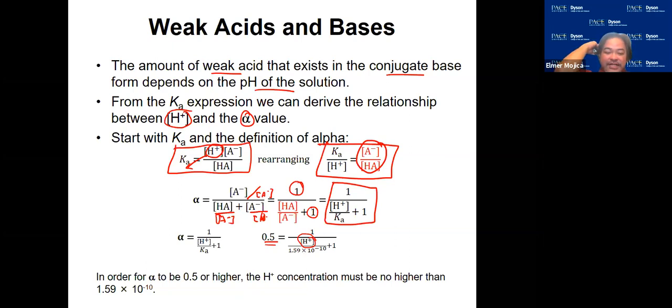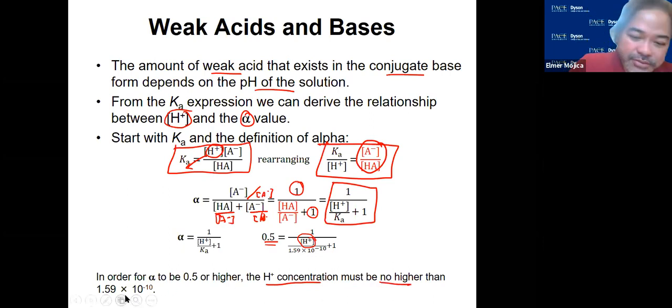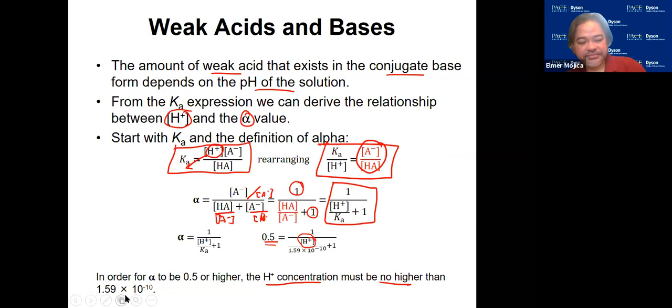In order for the alpha value to be 0.5 or higher, the hydrogen concentration or the hydronium ion concentration must be no higher than 1.59 times 10 to the negative 10. So I think that's the one that is new to you. This is just knowing what would be the ion concentration if the fraction of dissociation is given. Okay?